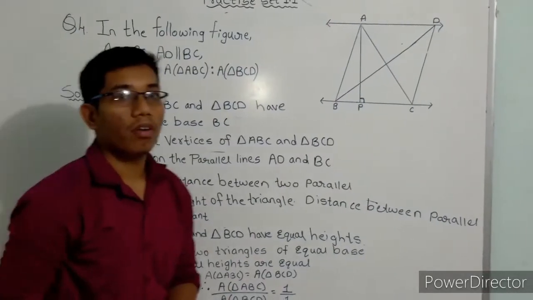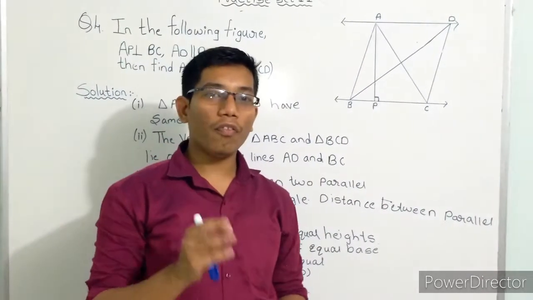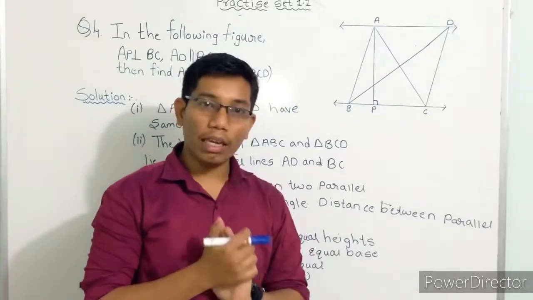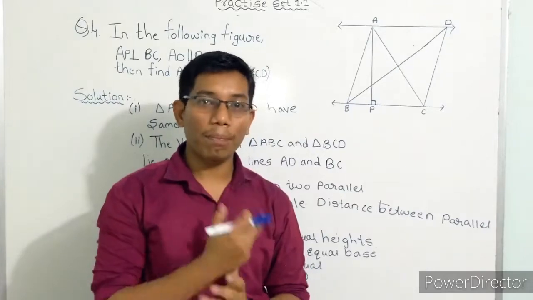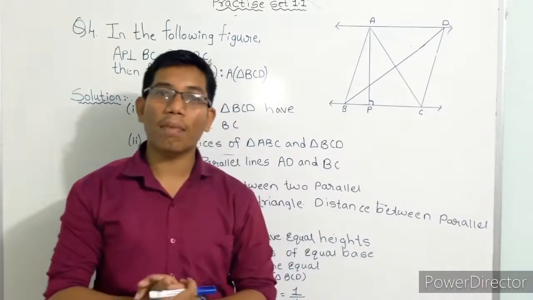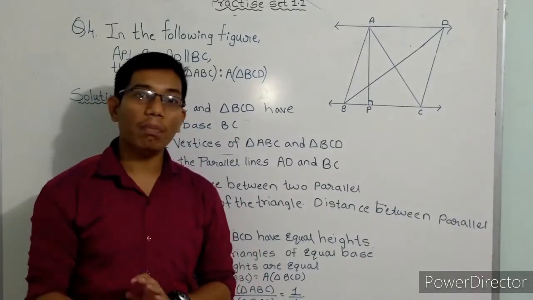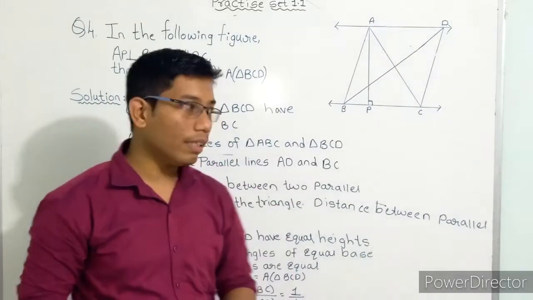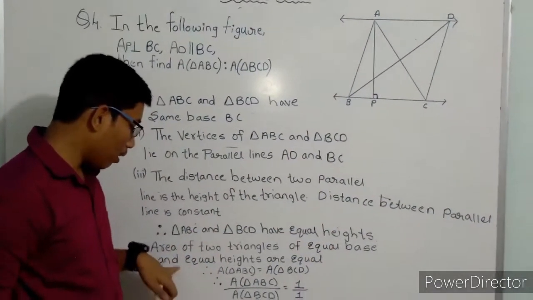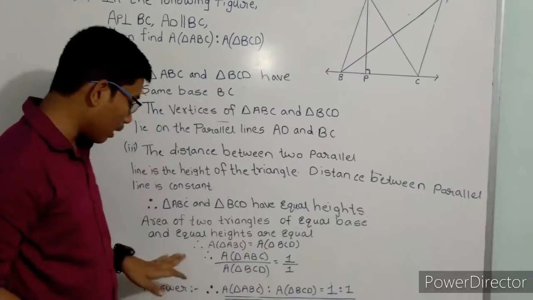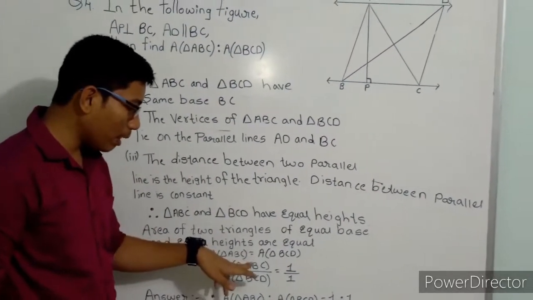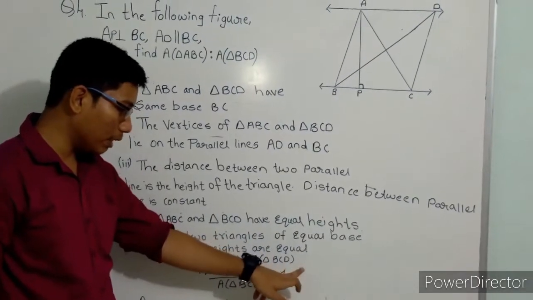If both triangles have the same base as well as the same height, what will be their area? Triangles with equal base and equal height have equal areas. So we will write area of triangle ABC is equal to area of triangle BCD.